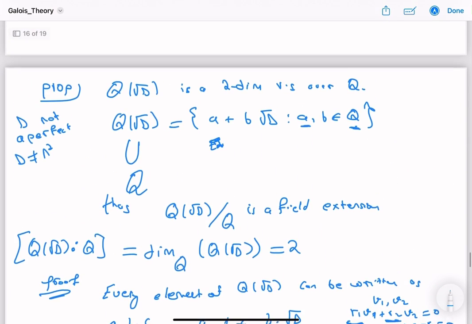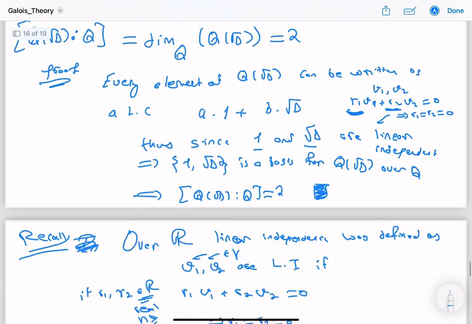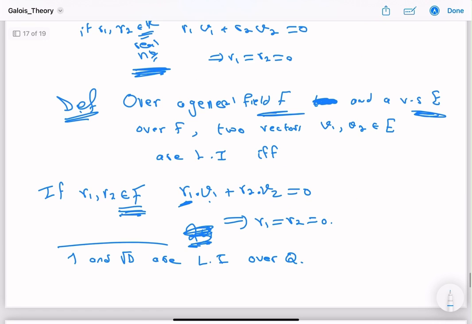Because the vector space we're talking about is Q square root of d, and we're taking it over Q. So it suffices here to prove that these are linearly independent over Q. Well, suppose, and I want you here to pay attention to what I'm saying, suppose r1 and r2, the scalars should come from the field over which your vector space is defined, so these should be in the field, and suppose that r1 times 1 plus r2 times square root of d is equal to 0.